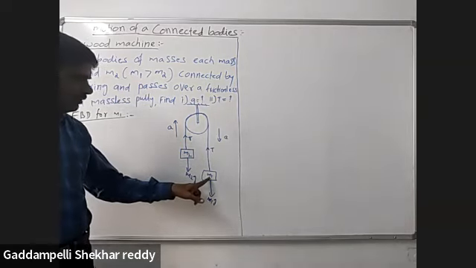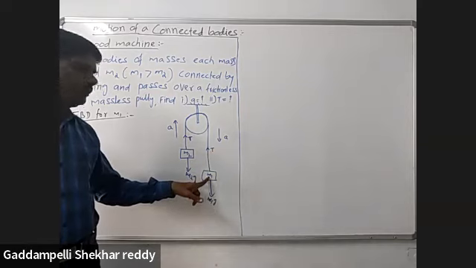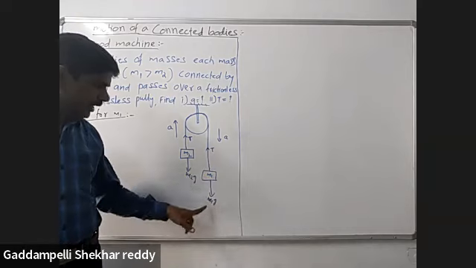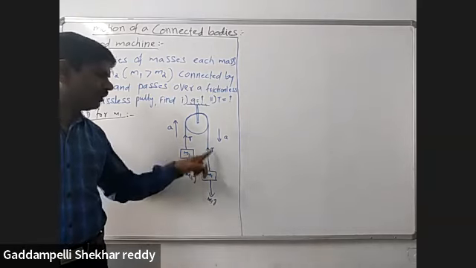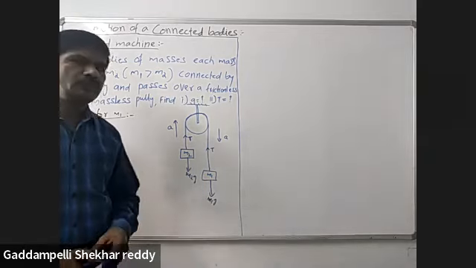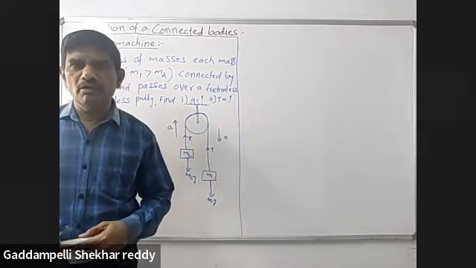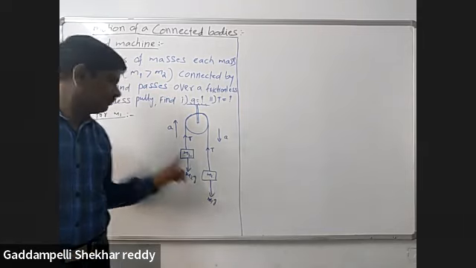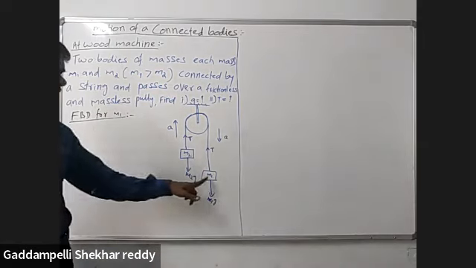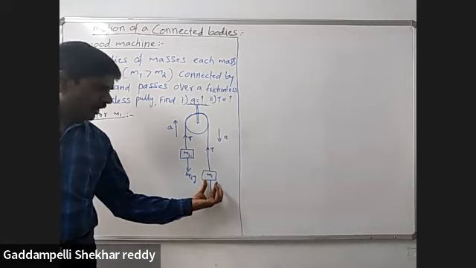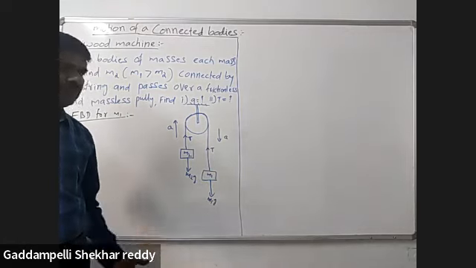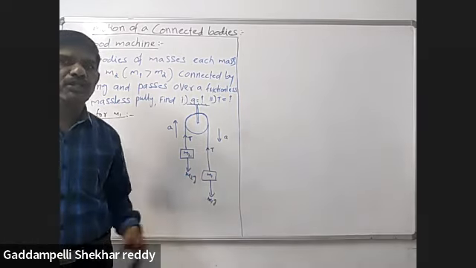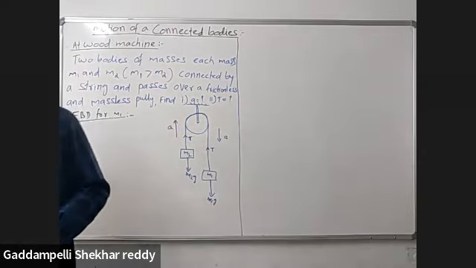So we isolate m1 from the system, draw the diagram, and show all types of forces acting on it. That is known as a free body diagram. So how many types of forces, either vertical or horizontal, we show in the diagram, that is a free body diagram.